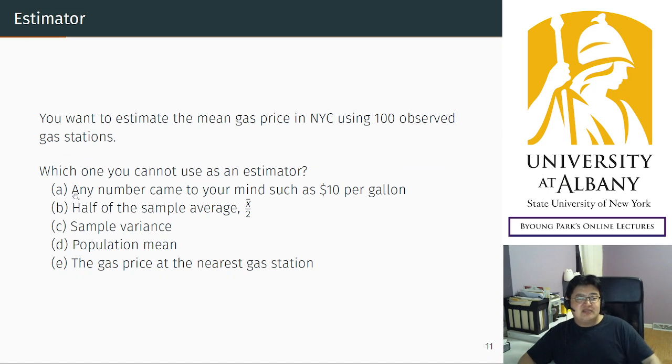However, for the other guys, any number that came to you works. When I ask you, what is the mean gas price in New York City? Then you have to answer something, and the something should be a concrete number. Say $10, $100. It's absurd, but still it is an answer. It is just wrong. However, the population mean is not a number because you don't know what it is. When I ask you what the mean is, you can't answer "mean."